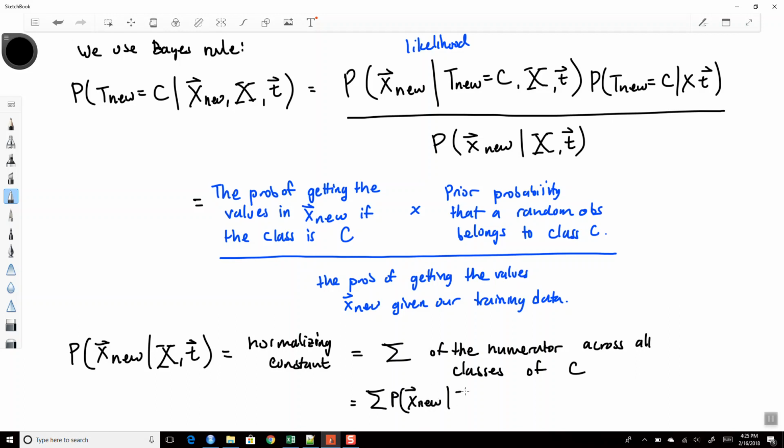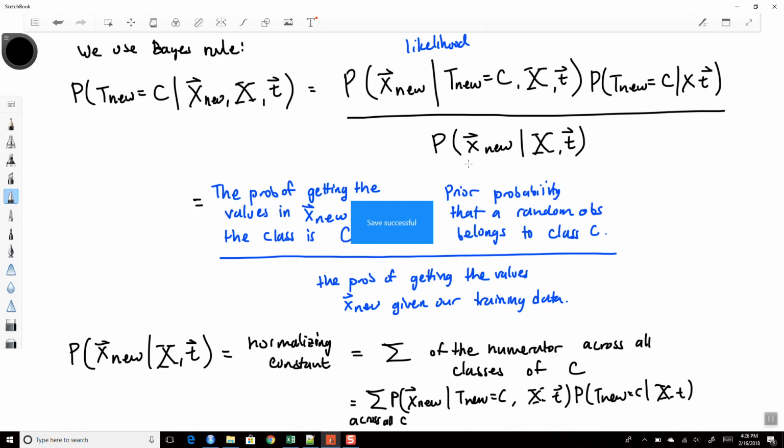We don't have to write this, but I'm just copying the numerator, that's exactly what I'm doing here. But you sum it across all values of C. That's what this is doing, so we can obey the rule that our probabilities have to add up to 1.